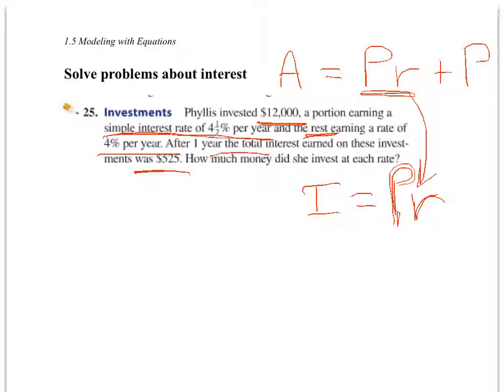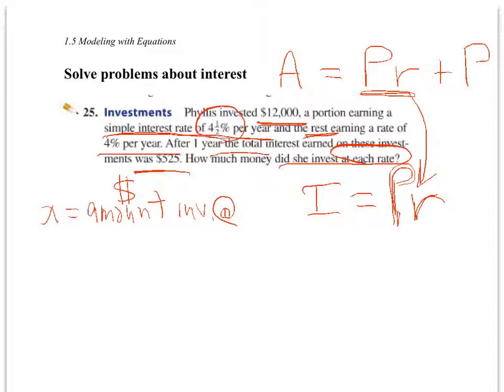So in this problem, the difficulty is that there are two different amounts invested at two different interest rates. So we want to know how much money she invested at each rate. We'll just let the variable represent the amount of money invested at one of the rates. Let's say that X is equal to the amount of money, in dollars, invested at 4.5% interest. 4.5% interest is 0.045.